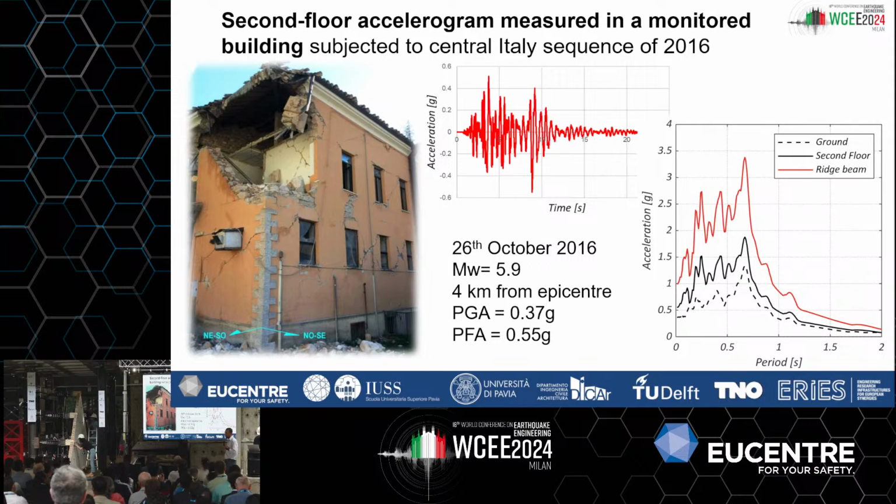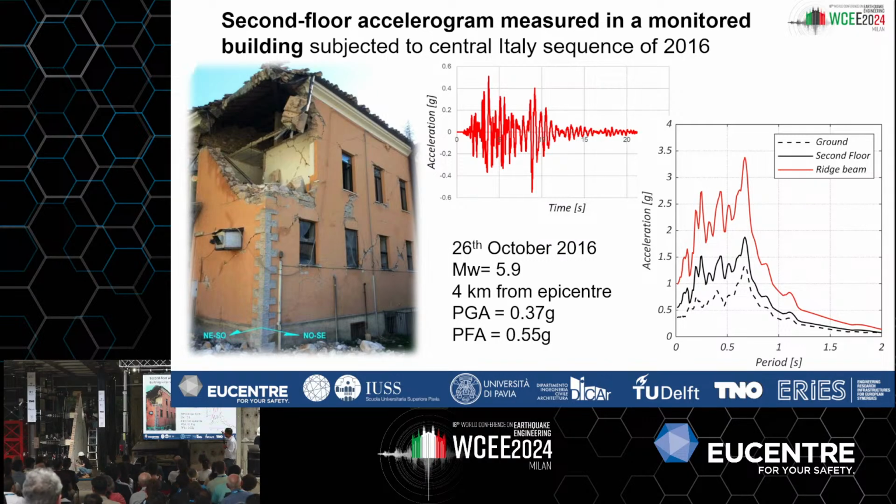This is the earthquake. Sorry for the repetition, but maybe now we have a minute more to see the spectra. This one, the dashed one, is the spectrum calculated from the recorded accelerogram on the ground of this school during this event.